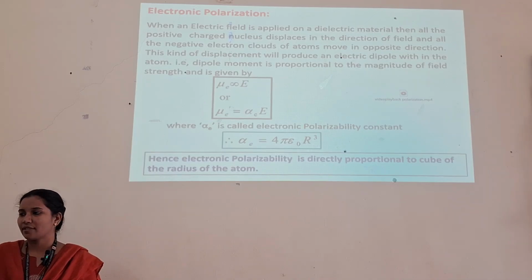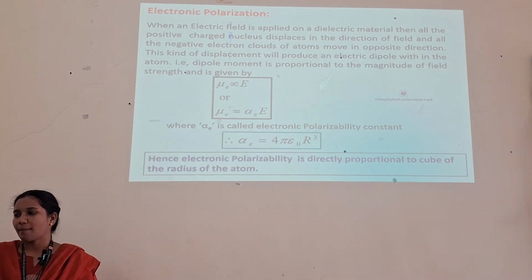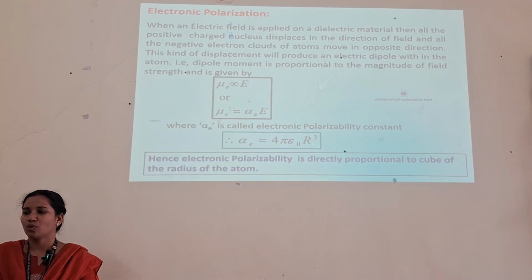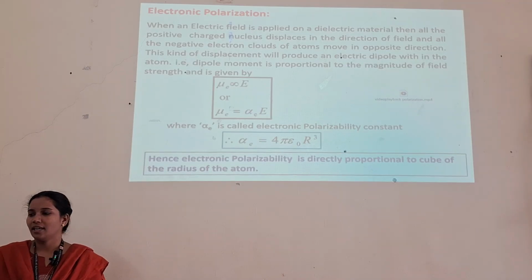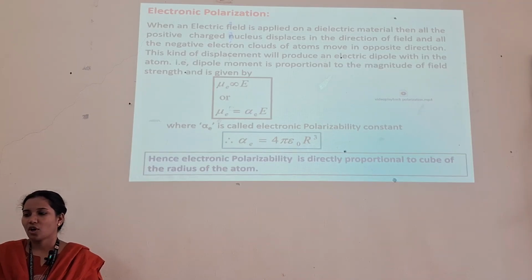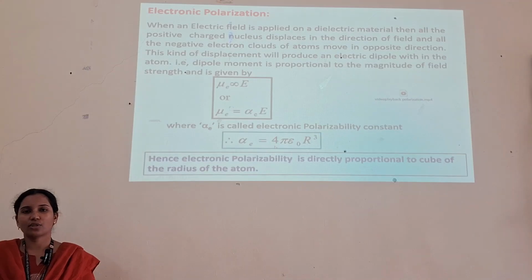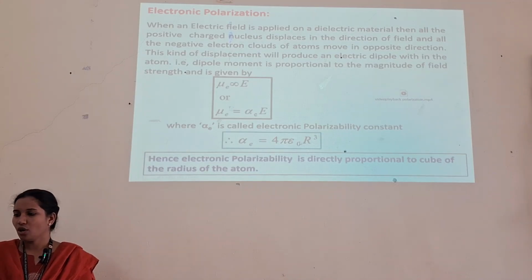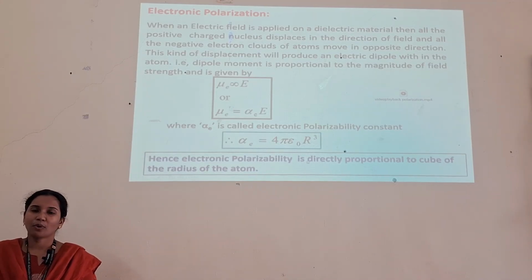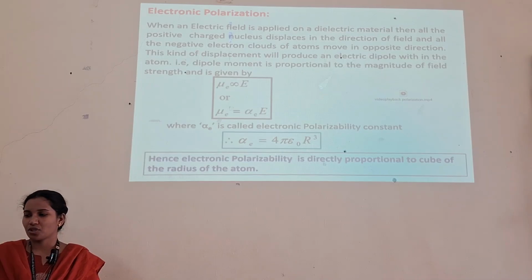This displacement produces an electric dipole within the atom, whose dipole moment is proportional to the magnitude of field strength: mu is directly proportional to E. Mu equals alpha E into E, where alpha E is the electronic polarizability constant. Alpha E equals 4 pi epsilon naught R cube. Hence, electronic polarizability is directly proportional to the cube of the radius of the atom.